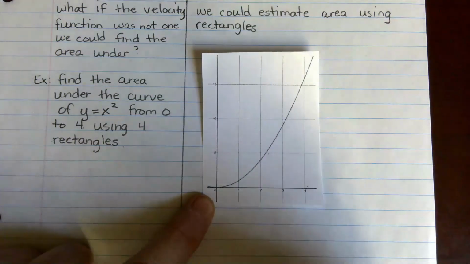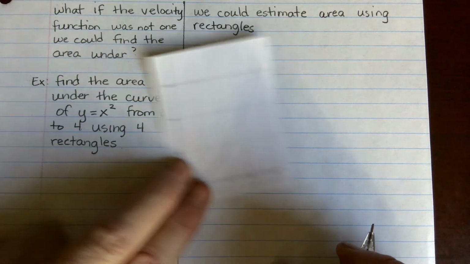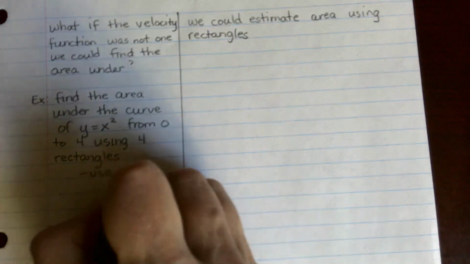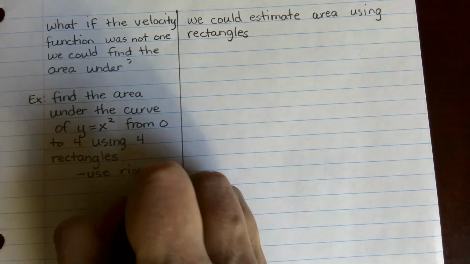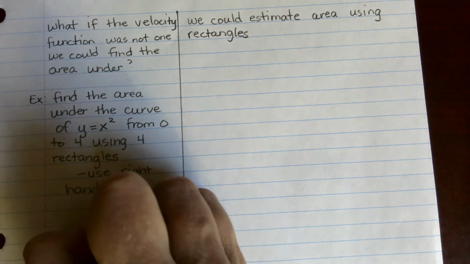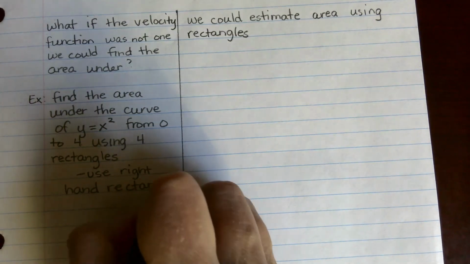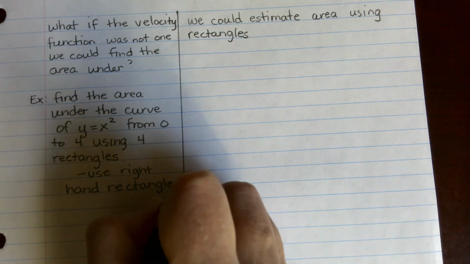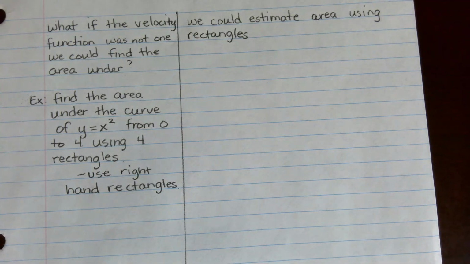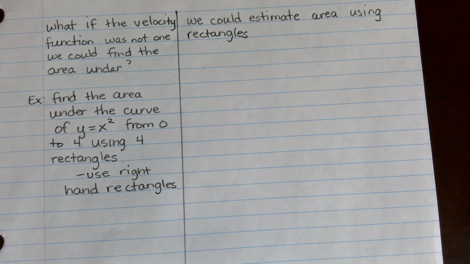In this one, we're going to use 4 right-hand rectangles. We're going to see that we will use either left hand, right hand, or midpoint. And we kind of did this at the very beginning of the year.